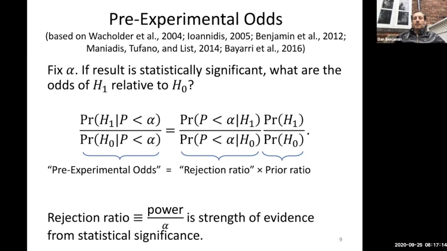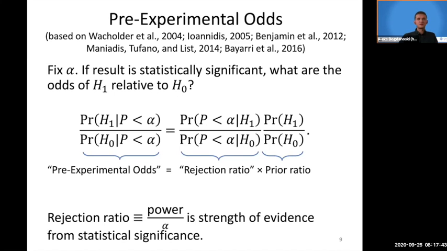One nice thing about this approach to strength of evidence is that our focus here is not on the prior beliefs. We're interested in the rejection ratio, and the rejection ratio doesn't depend on prior beliefs. So whatever your prior beliefs are, the rejection ratio is how much you should update. So we can talk about the rejection ratio as the strength of evidence from significance without having to worry about the question of what your prior beliefs might be or where they come from.